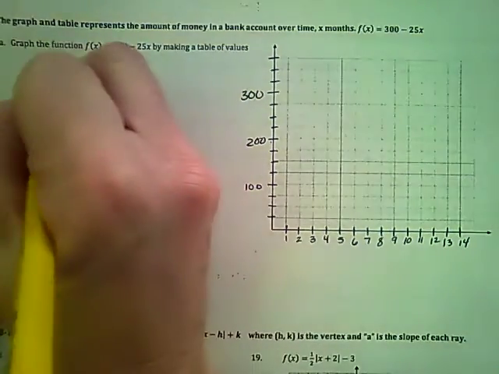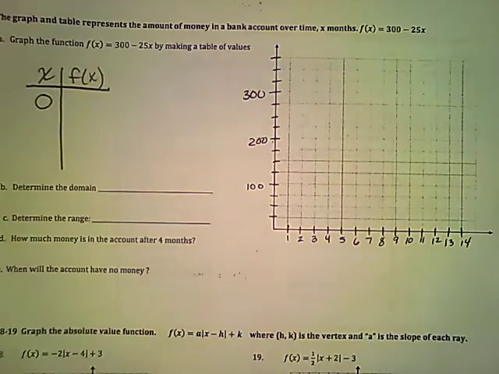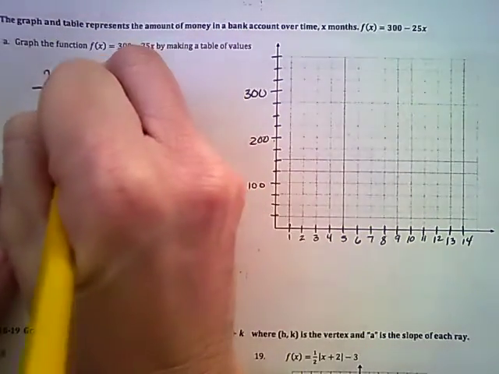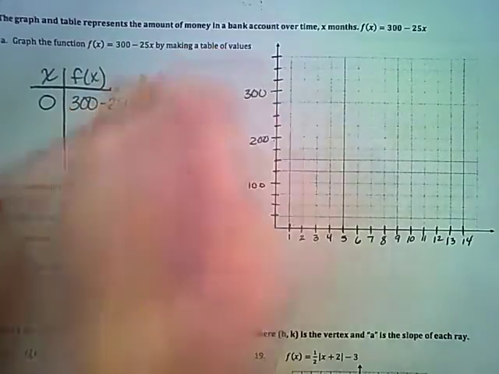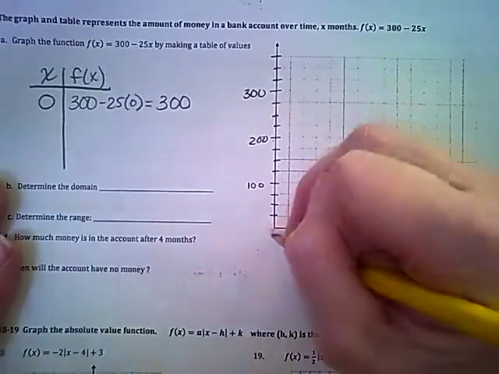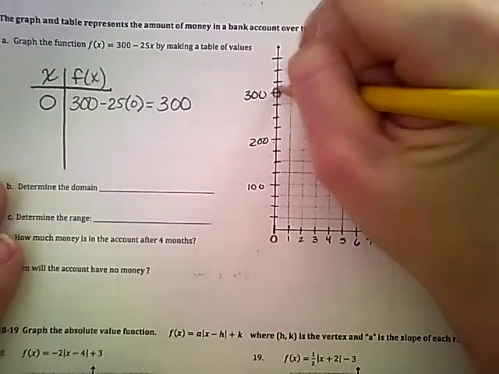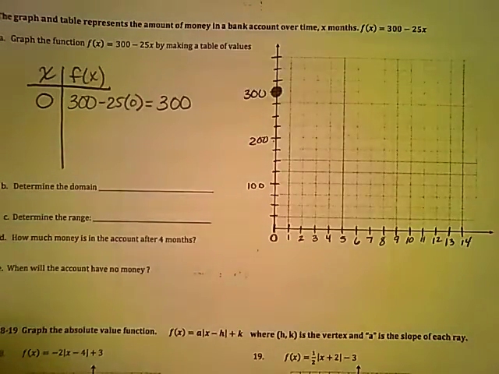Now it's always good to start with, when did this data start taking place? When x is 0, 300 minus 25 times 0 would equal 300. So that's your first point. 0, 300.